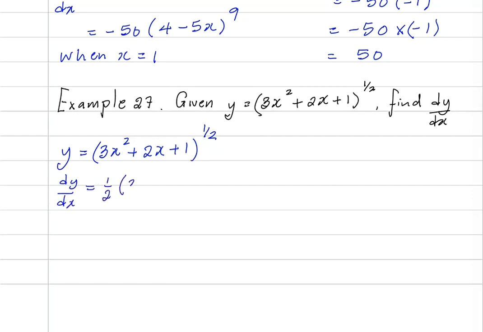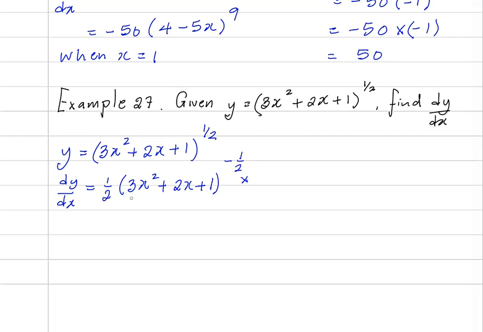Then you have 3x squared plus 2x plus 1. The power decreases by 1, so that is a half minus 1, so that the power becomes minus a half. Then you have to multiply by the differential of the inside function. The inside function is 3x squared plus 2x plus 1.